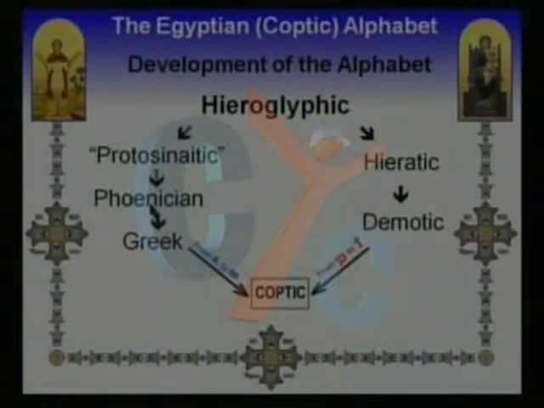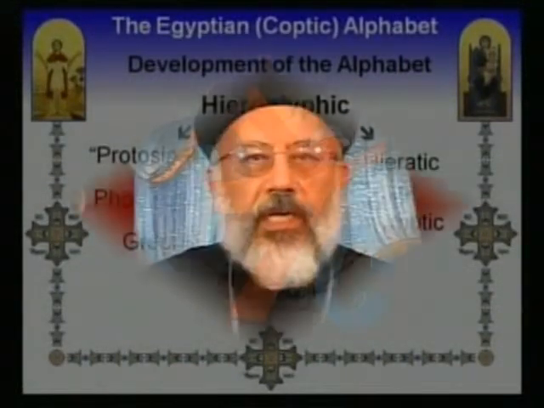So the Greeks took the Phoenician alphabet, but they added to them some of the letters. They used them as vowels. Since the Phoenicians did not have vowels, the hieroglyphic did not have vowels, the hieratic and demotic did not have vowels. But the Greeks added the vowels by using certain letters from the Phoenician alphabet to indicate vowels. So this changed the complexion of a language so that there are vowels in the language.